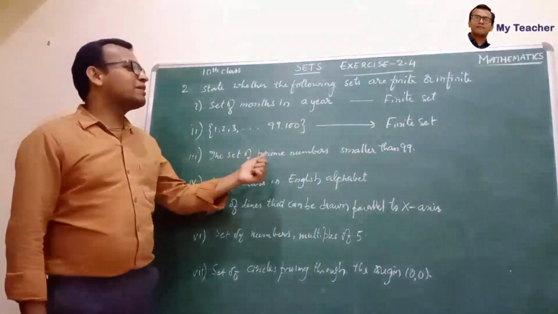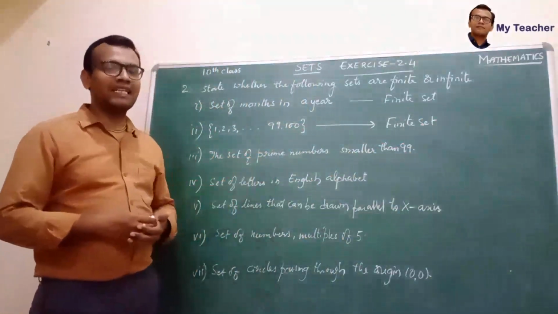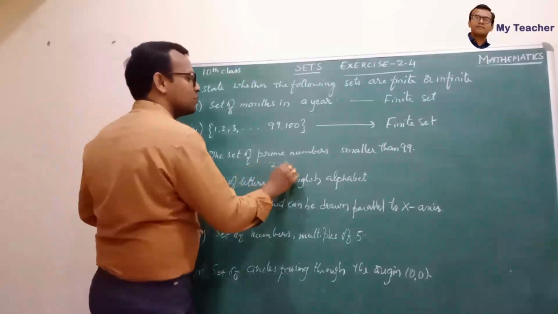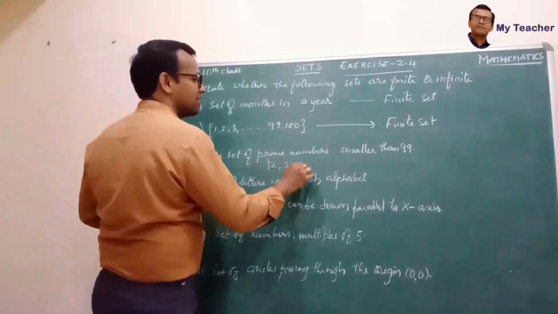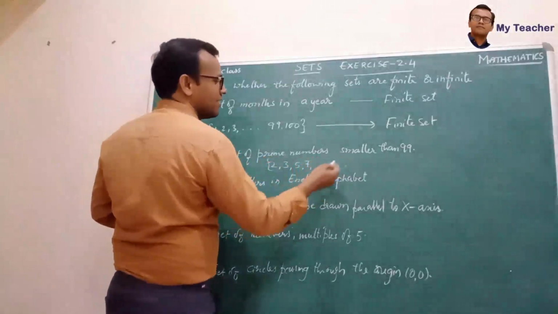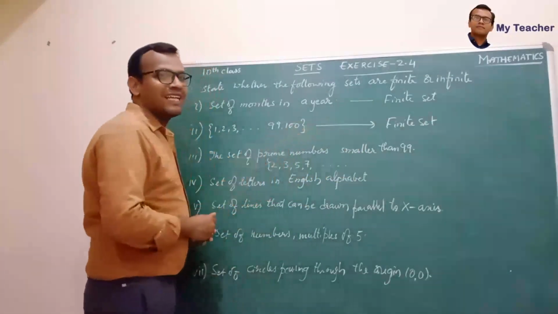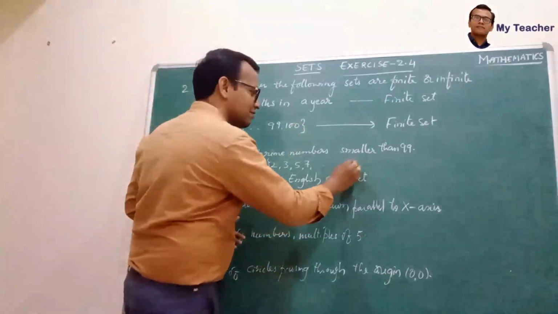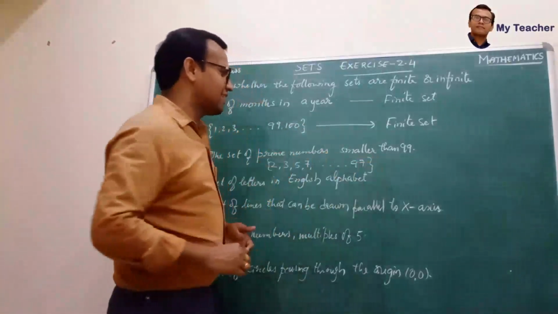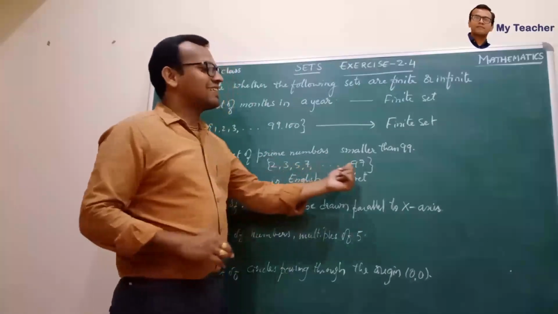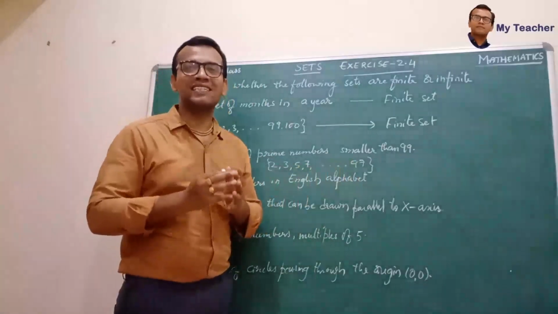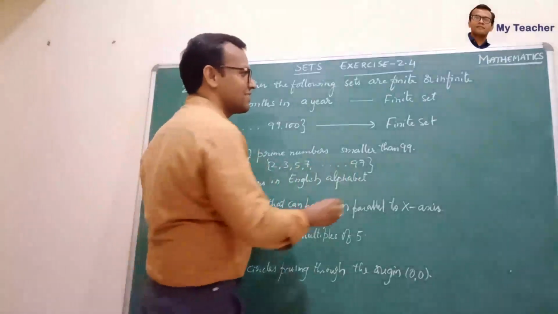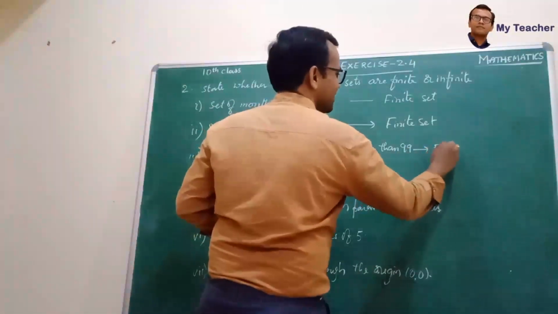The set of prime numbers smaller than 99. So prime numbers are 2, 3, 5, 7, 11, and so on, which are smaller than 99. Smaller than 99, maybe up to 97. So this is also a finite set because there is a finite number of elements present in it. So even this is a finite set.